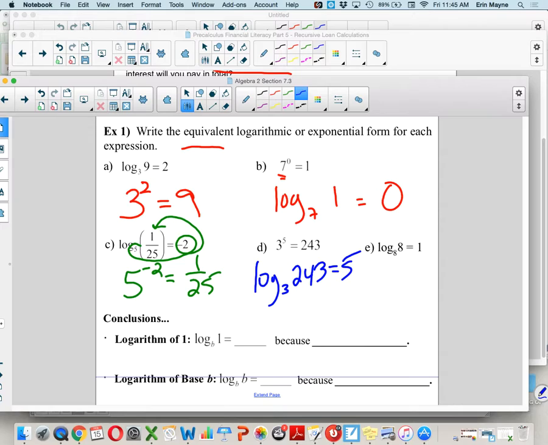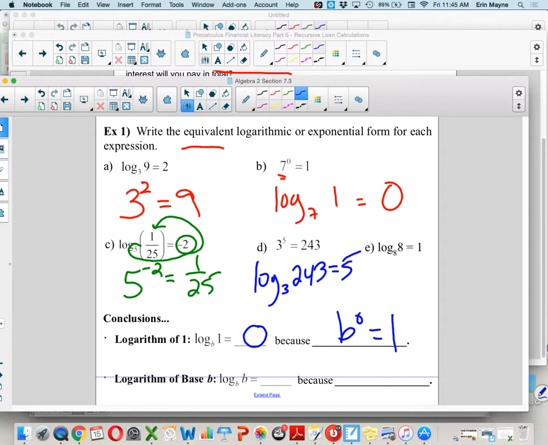If this number is 1, what is my exponent always? It's 0. Why? Because I don't care what the base is. If it's raised to the 0 power, what's my answer? 1. Make sense?